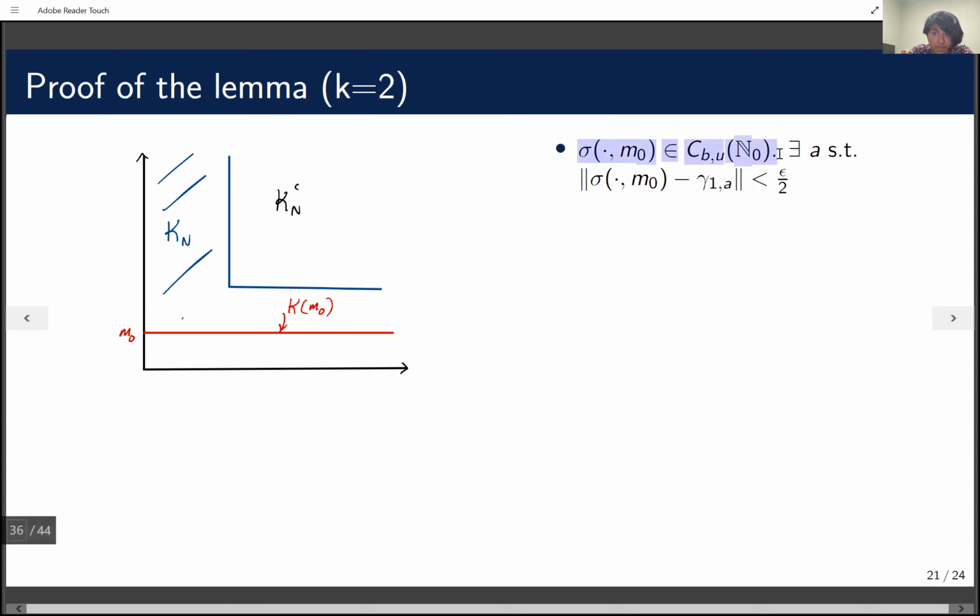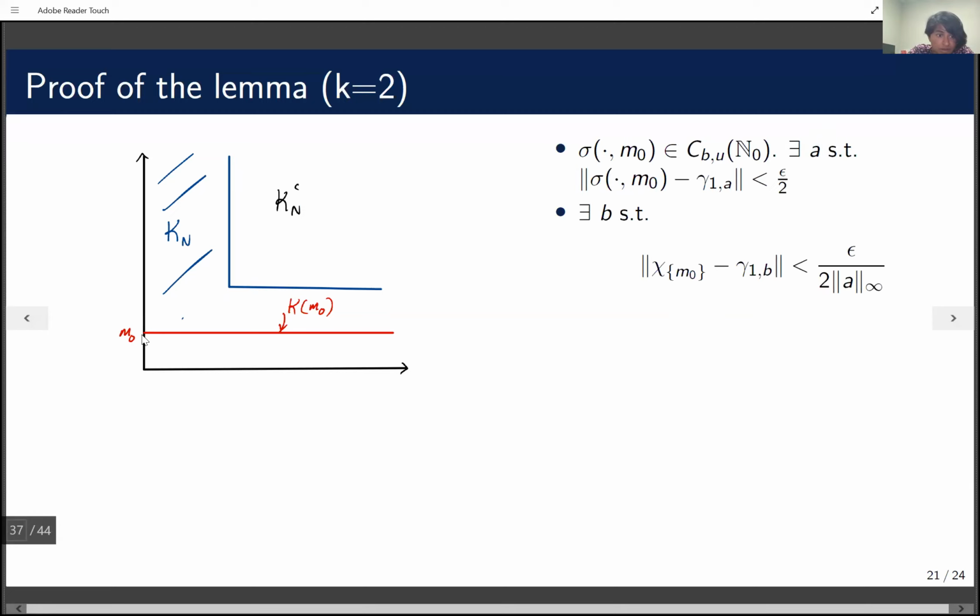Sigma is in CBU n naught 2, but if we fix a variable, we get that it's in CBU n naught. Then because the density for one dimension is already proved, and we are assuming it in the lemma, we get that the subnorm of sigma(·, m naught) minus gamma 1a is less than epsilon over 2 for some symbol a.